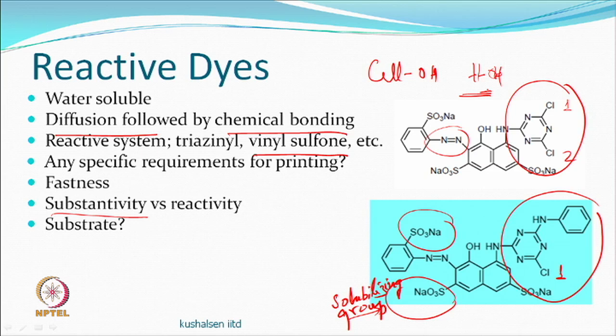Substrate, what you said: cellulosic, cotton, viscose, rayon, no doubt. Reactive dyes were initially synthesized for these, but all these reactive dyes can dye very easily all protein fibers as well as nylon.